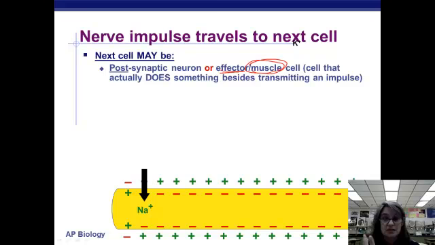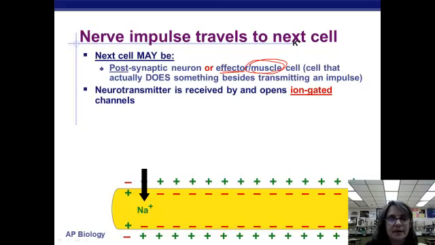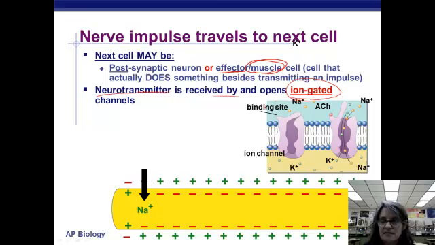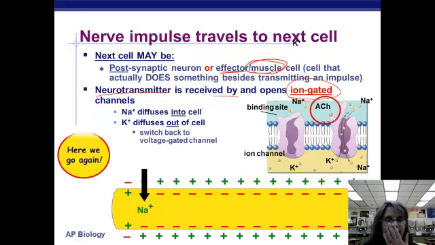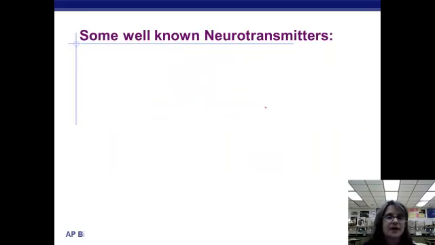It could be a muscle cell we're telling to do something like that. Okay? And this is all just what we said with that drawing. The neurotransmitter, the thing that crossed the synapse, is received by and opens some ion gated channel and causes something to happen in that next cell down the line. Okay? This is just rehashing everything we just talked about. Okay? So here we go again.